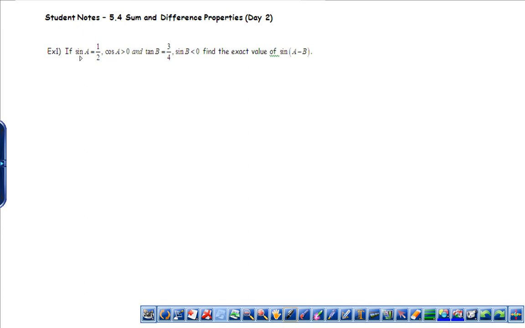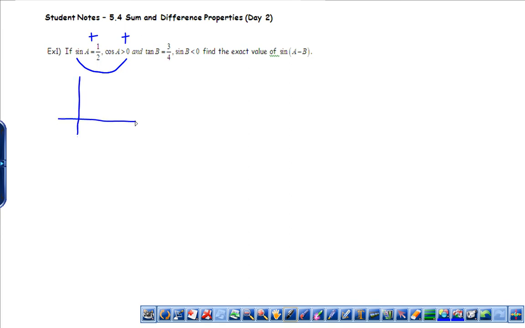Okay, so it starts off with: if sine of angle A is 1/2 and cosine of angle A is greater than 0. That means that sine is opposite over hypotenuse, and cosine has got to be positive. I'm going to make a triangle from this information. If sine is positive and cosine is positive, angle A can be drawn in quadrant 1.